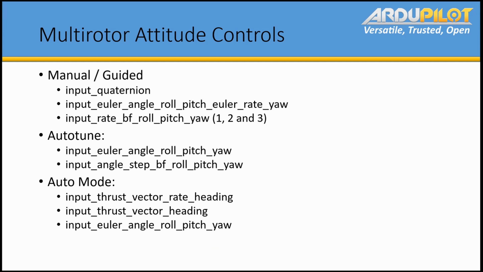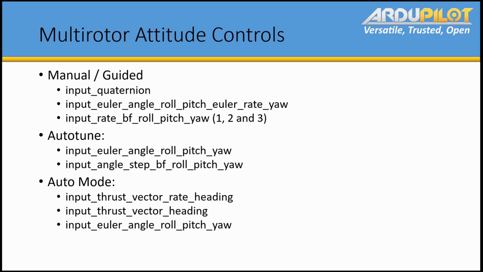We use the quaternion controller as a guided option. You can provide a quaternion command and an angular velocity command using guided mode to basically fly around in manual.